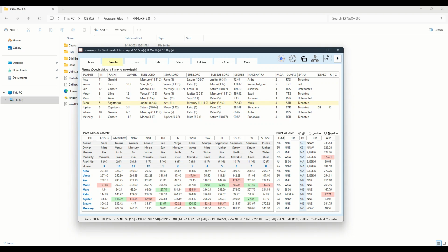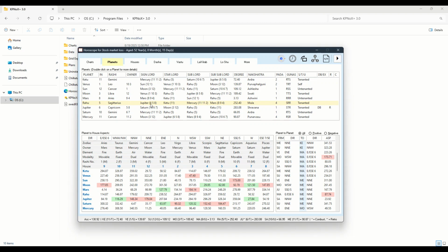Now, whenever we are looking at the success in speculation, we need to consider houses 2, 5, 6, and 11. 10 may not be an exact negation because 10 also indicates status, but in this case let's take that as part of negation. But even then, Rahu is giving results of 6, 5, and 8.